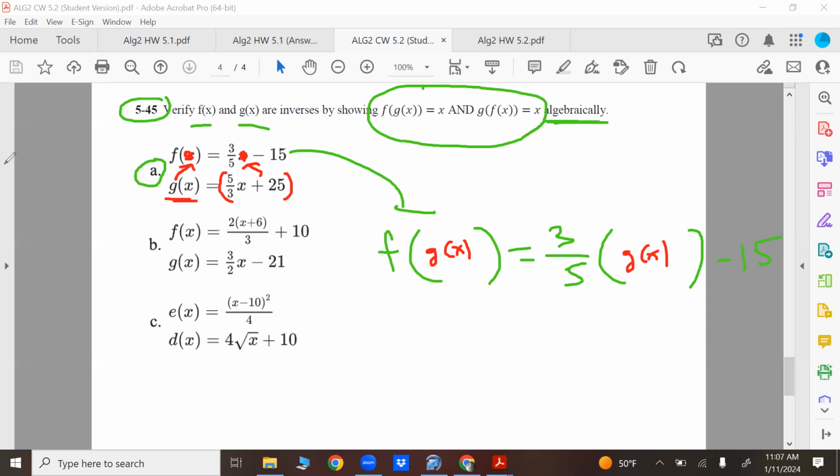So if I keep going, it looks like this. And what's g of x? 5/3 x plus 25.